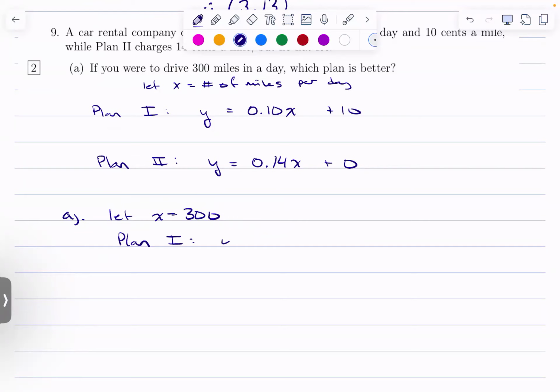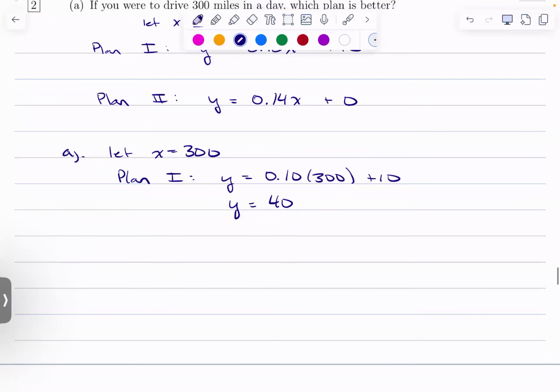Plan 1 is going to cost y equals 0.1 times 300 plus 10. I get 40, but I might have dropped a 0.